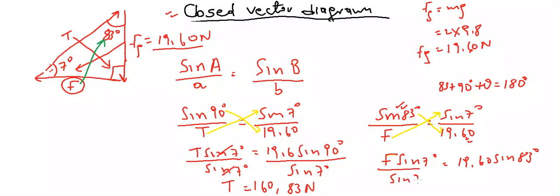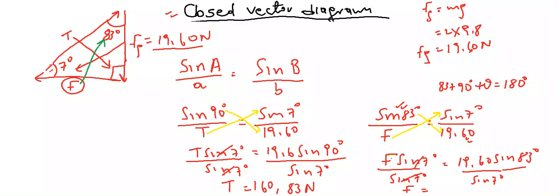Then we divide by sine 7 degrees on both sides. So this cancels that, leaving F alone. Then we press the calculator.